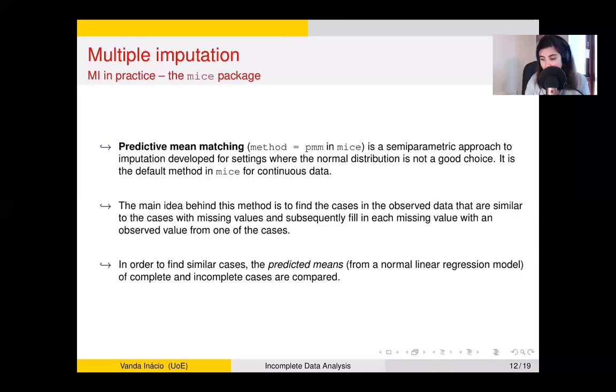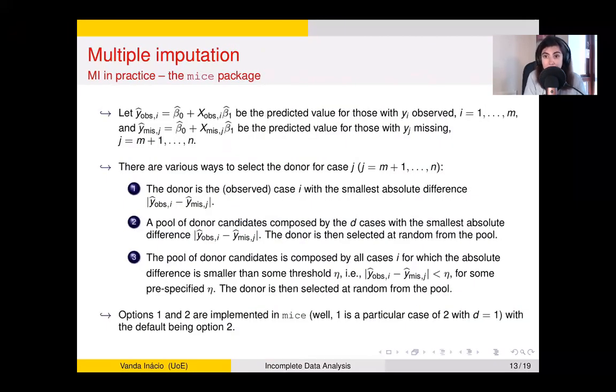But okay, let's look in more detail at predictive mean matching. Basically we define as ŷ observed the predicted values for those with observed y values, and we denote by ŷ miss the predicted values for those with missing values in the y variable. And there are various ways to select the donor for case j.